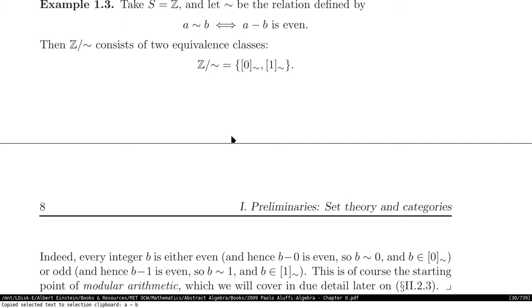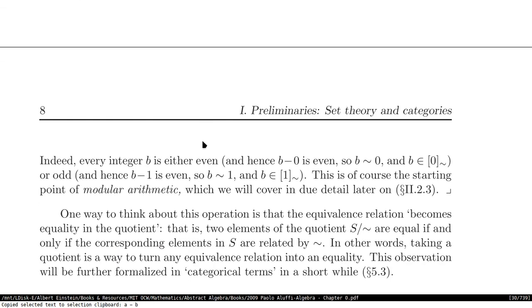So that would be the set of all even numbers; considering the positives, that will be 2, 4, 6, 8, and so on. And then the equivalence class of 1 is going to be all the odd numbers, because when you take the difference with 1, you get an even difference.